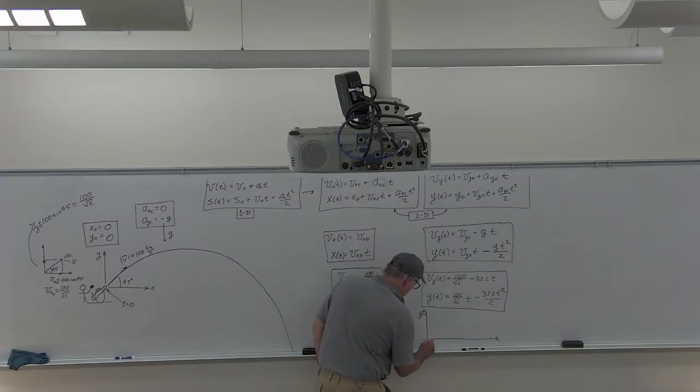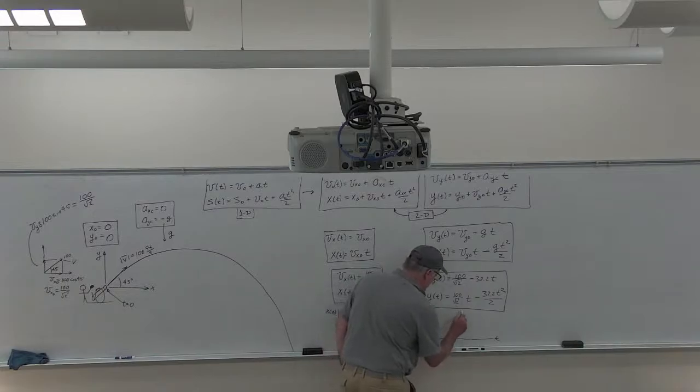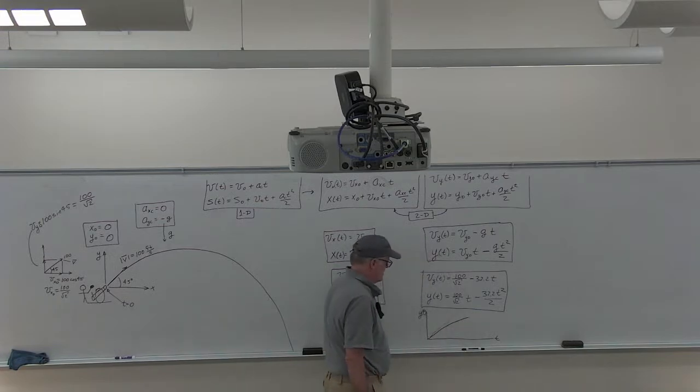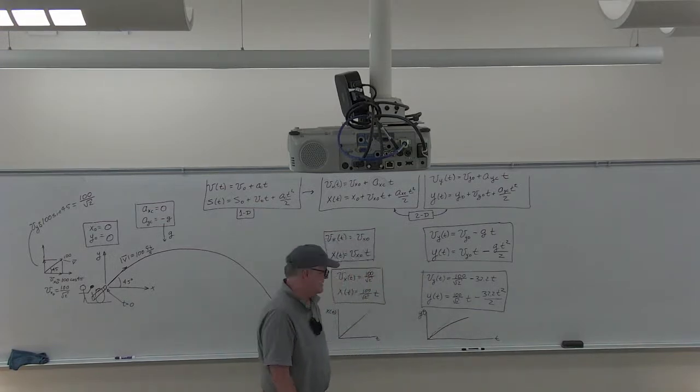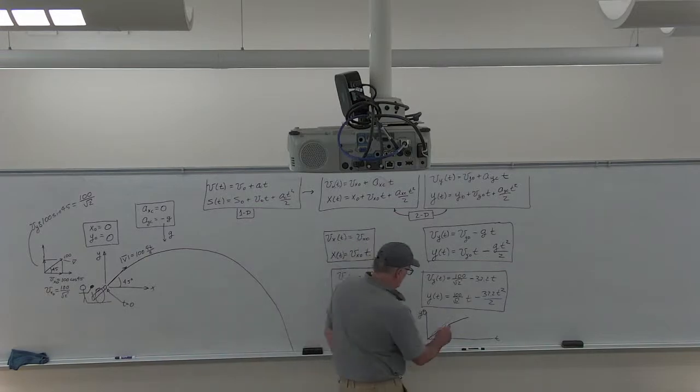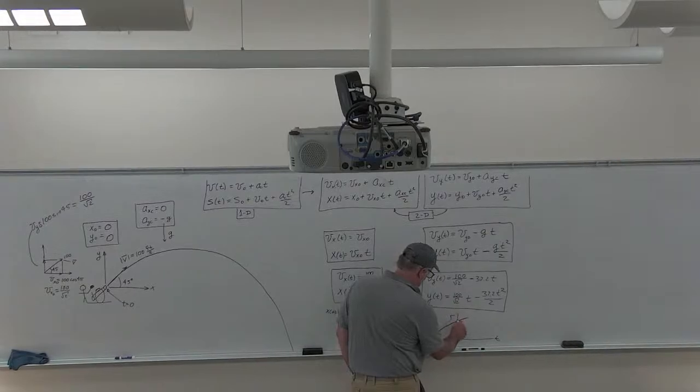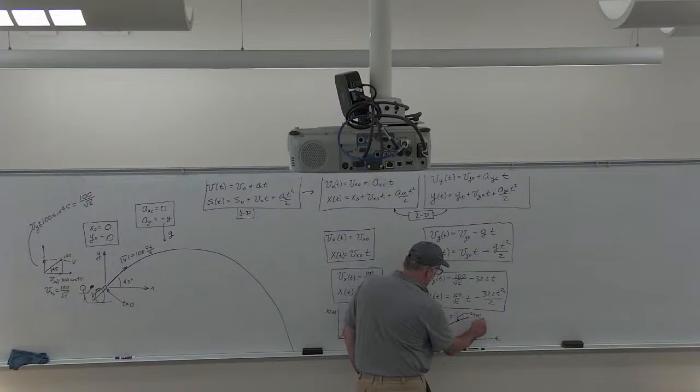So this is the linear component, and I'm taking away a quadratic component. If that makes sense. In other words, the slope of this is this thing, and the distance that I'm taking away is 32.2 t squared over 2.